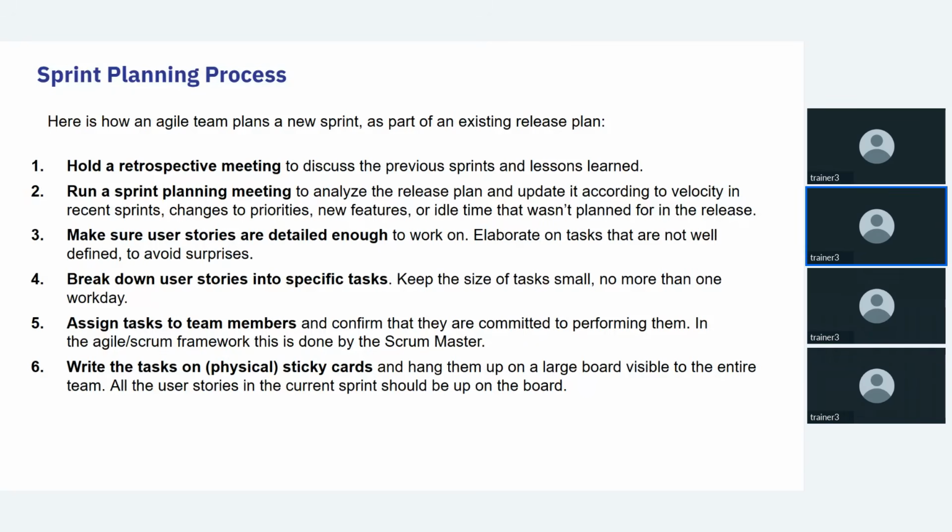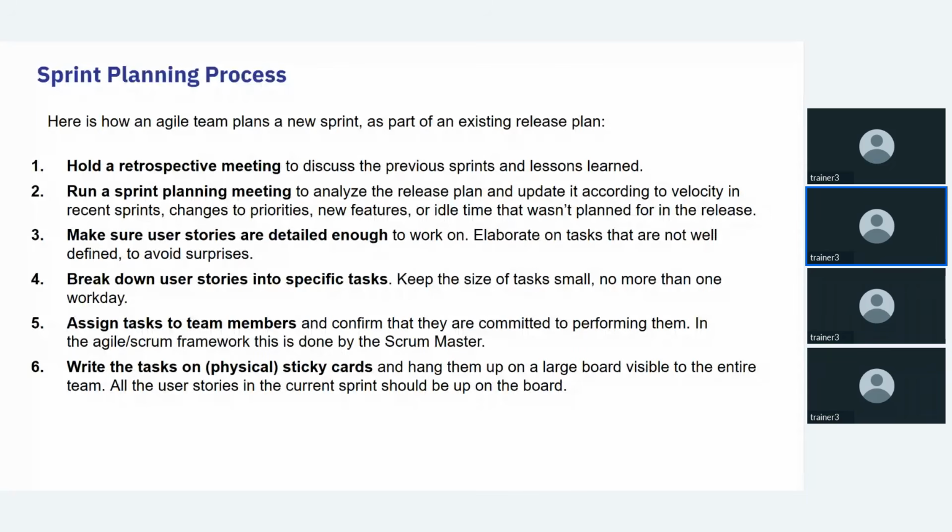So going through the project, you check whether you are covering each and every story or not. While using sprints, you can do that. Break the user stories into specific tasks, keeping the size small and no more than one working day, so that you're forming them in the right form.